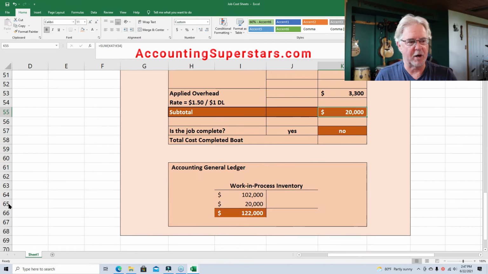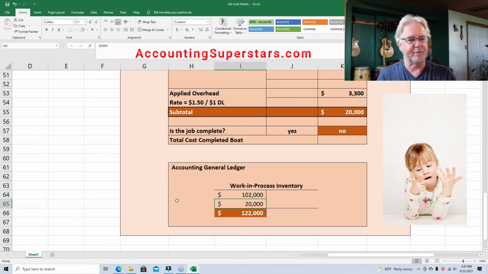In the accounting department, there will be a general ledger account, and it'll be an inventory account, so it shows up on the balance sheet, and it will be the grand total of all the updated job cost sheets. So here's the first one, Summer Breeze, and here's the second one, Money Pit, and it adds up to $122,000.